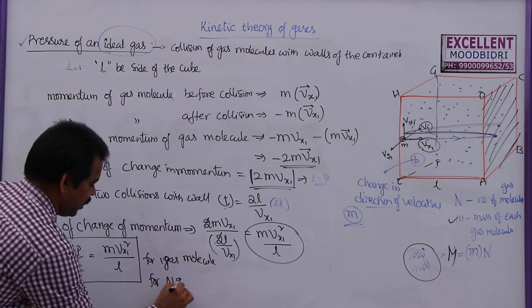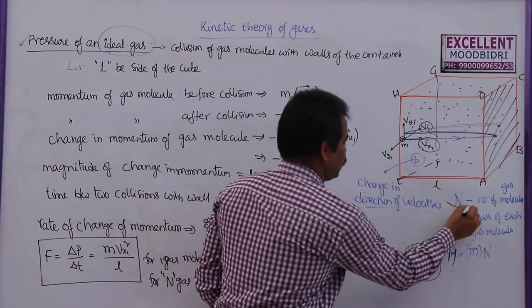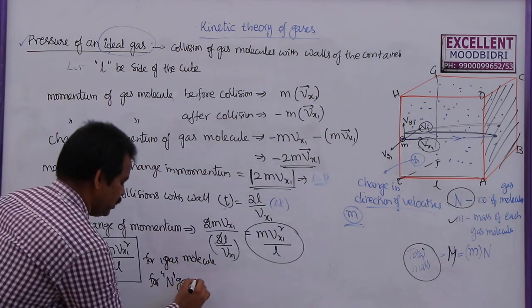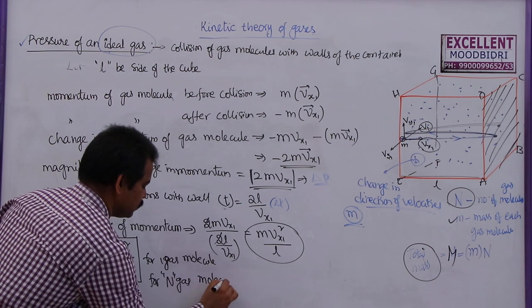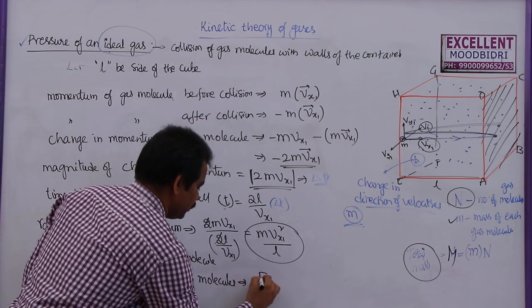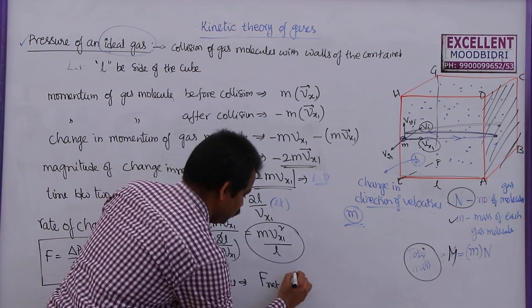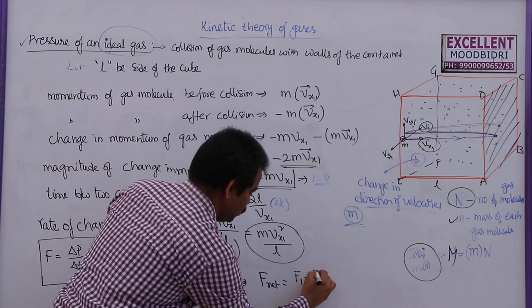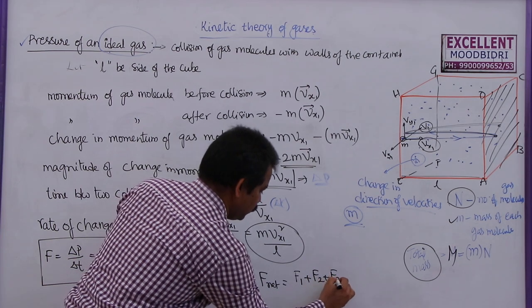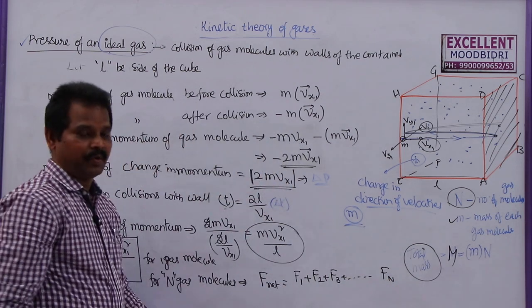For n gas molecules, because this container consists of n molecules, the net force is given by F net equal to force due to first particle, force due to second particle, force due to third particle, and so on, force due to nth particle.